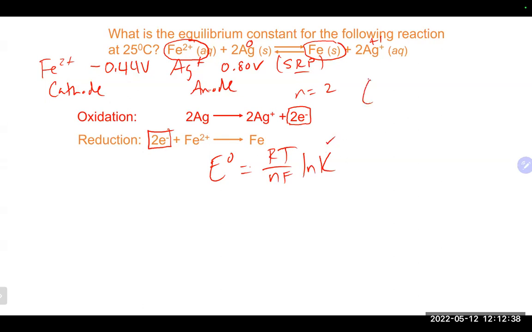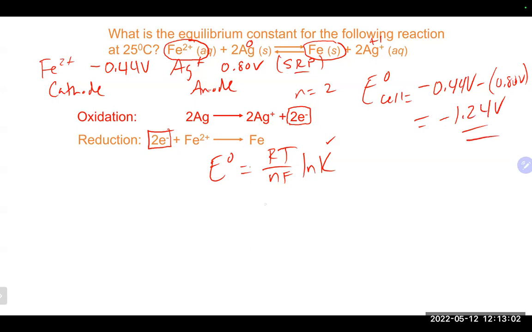We take our cathode, the iron, minus 0.44, minus our anode, 0.8, getting us 1.24, which is a negative voltage here.